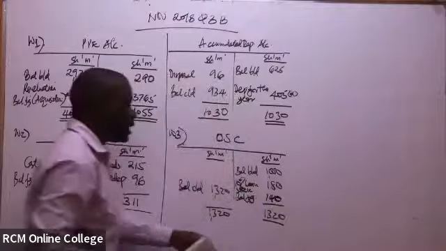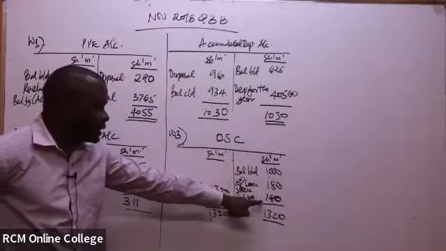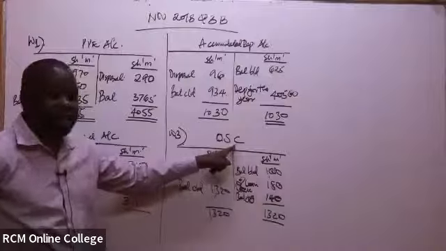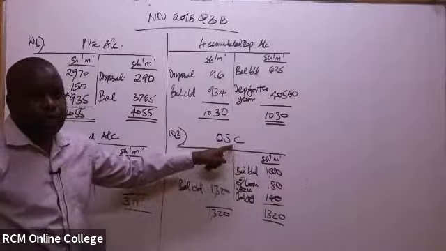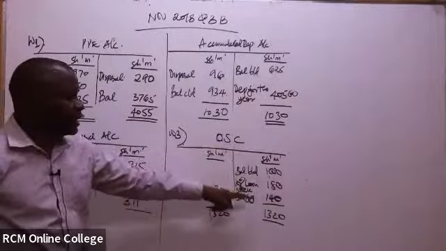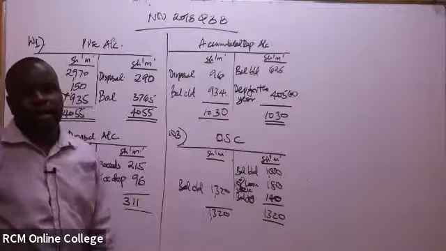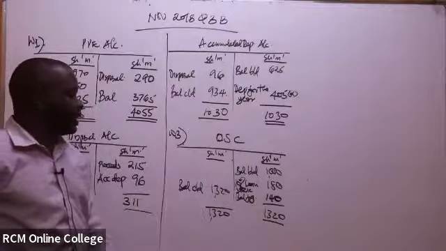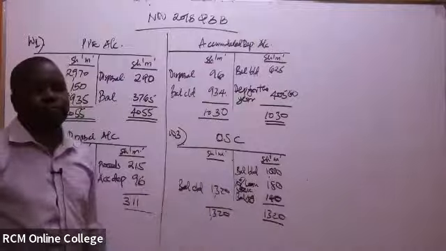So this 140 is the extra cash they got in ordinary share capital. That balancing figure. So that by the end of the year, they had 1320.